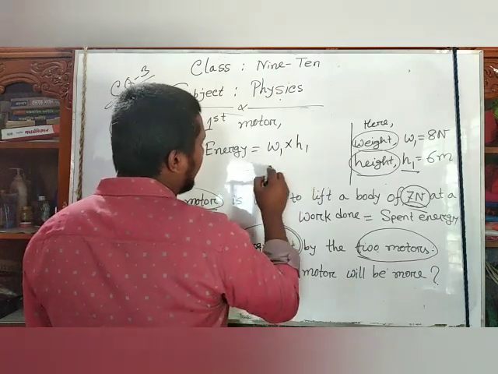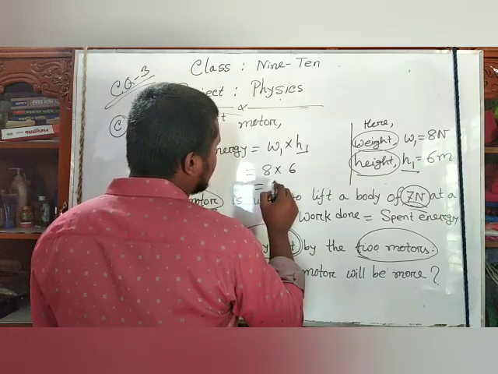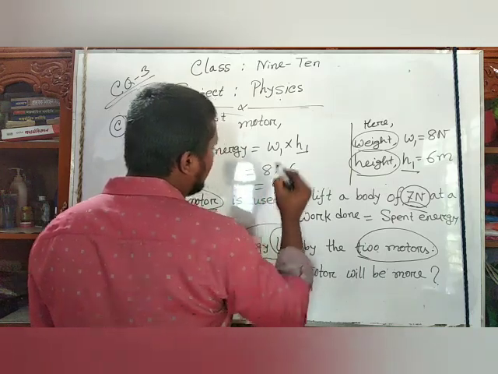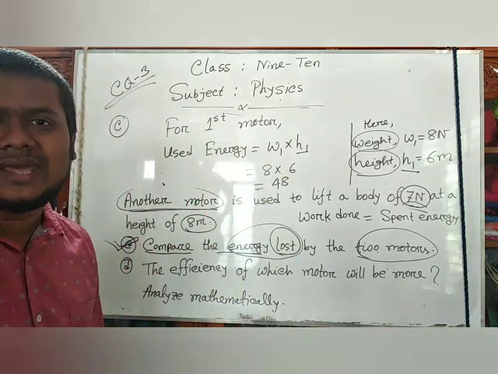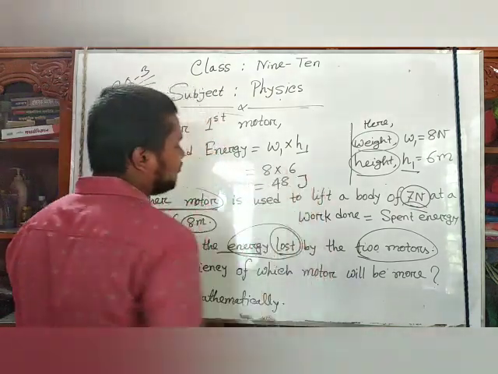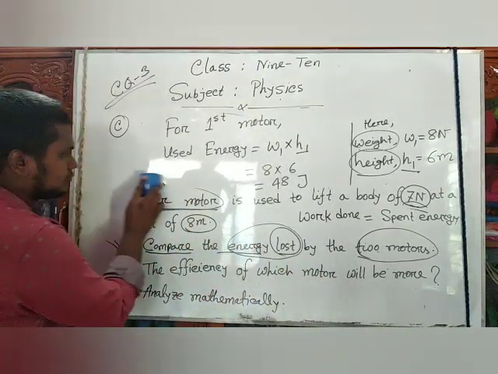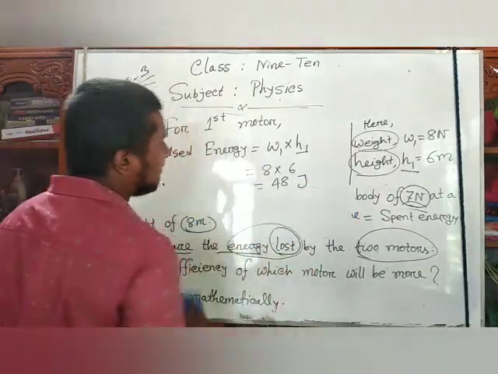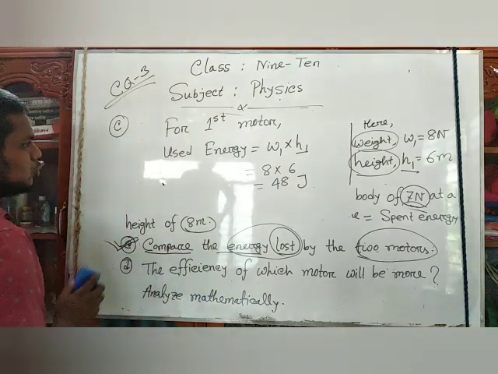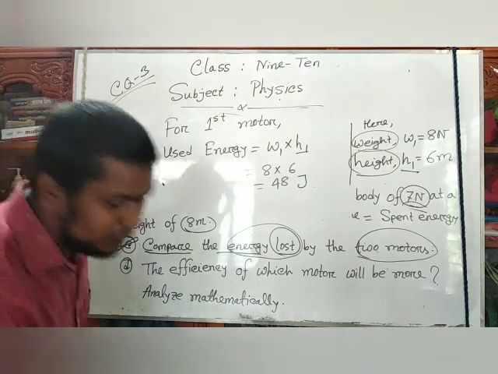We get 8 into 6, that means 48. What is the unit of energy? You know that the unit of energy is joule. So we get the used energy, which is 48 joule.